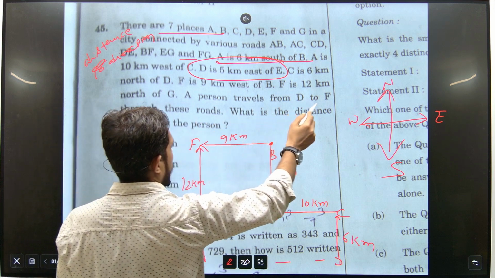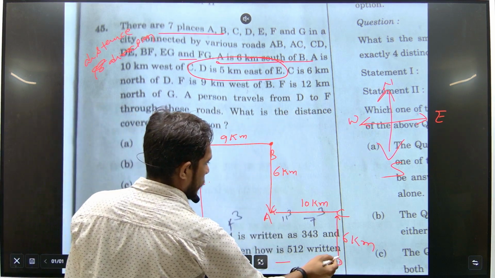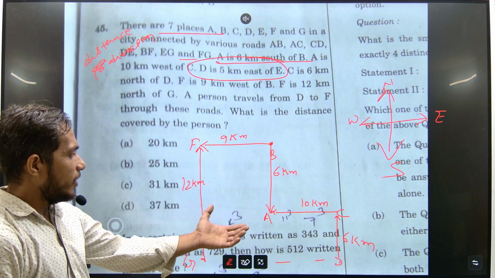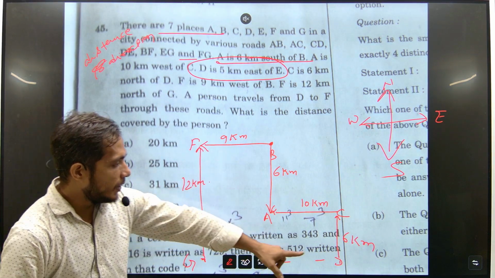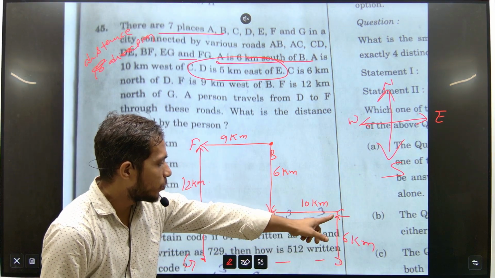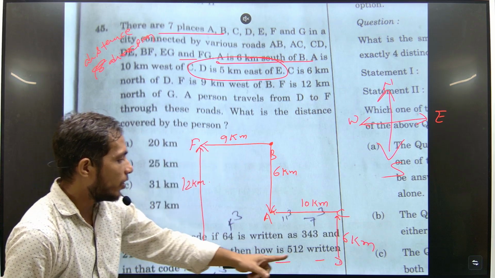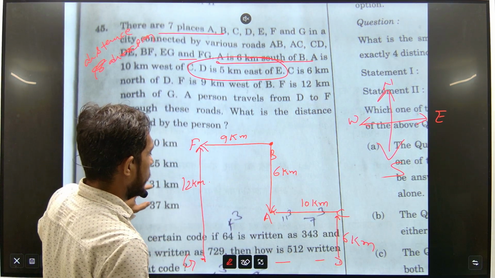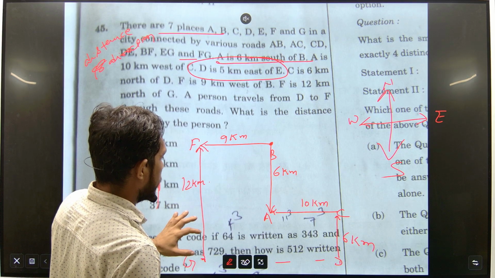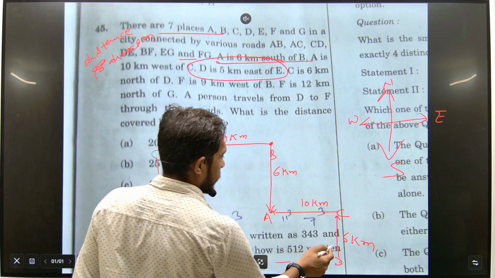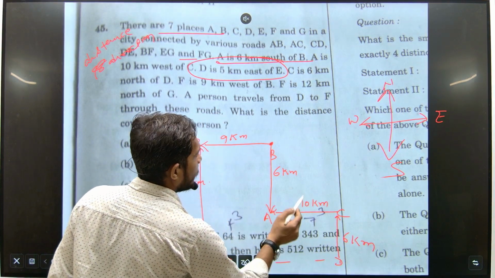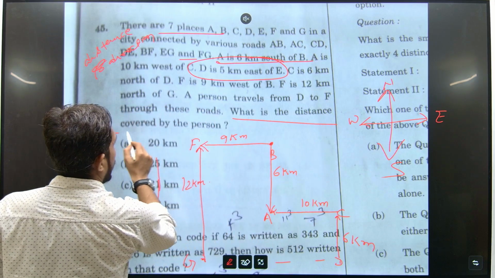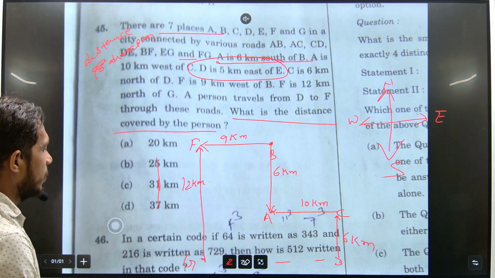A person travels from D to F. When he travels from D to F, he needs to follow the path C, A, B, F, or he can follow D, G, F. In both cases the distance is the same. The question asks what is the distance covered by the person.